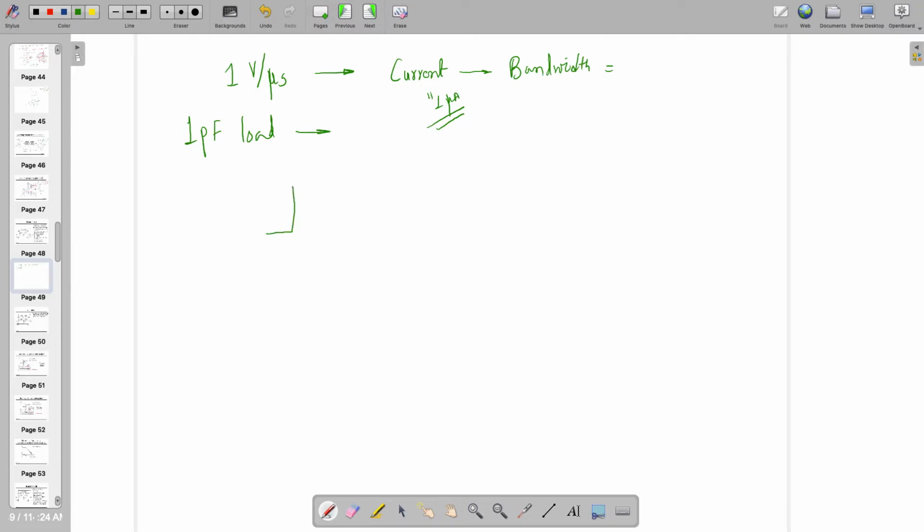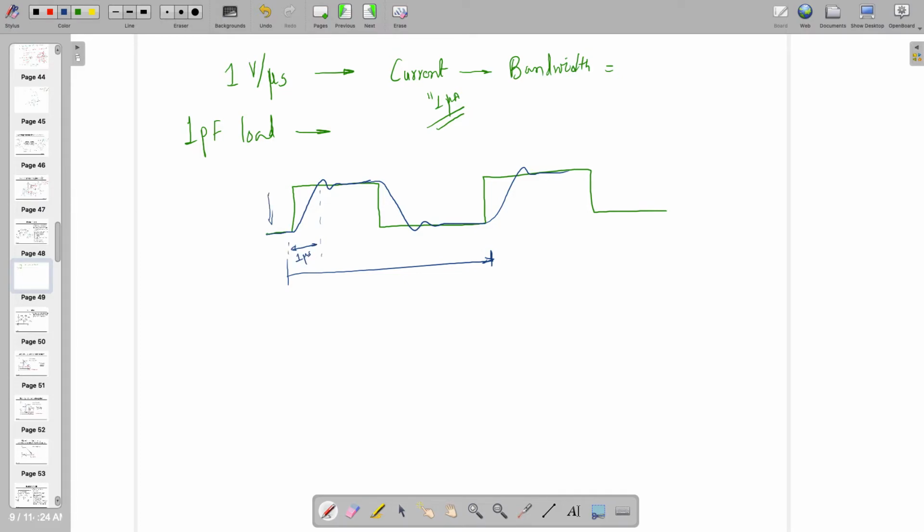So it has to be resolved, like the output has to be coming. If this is 1 microsecond, this is 1 volt, then you can make some budget of maybe around 3 microseconds.